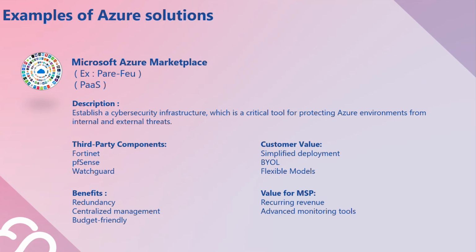So third-party components, for example Fortinet, pfSense, WatchGuard, the list is huge, but I'm just naming a few. And remember, for the training tomorrow, we will take a look at how to deploy WatchGuard and how it happens. You will see it's so simple to do. And we will see the price regarding the marketplace too.